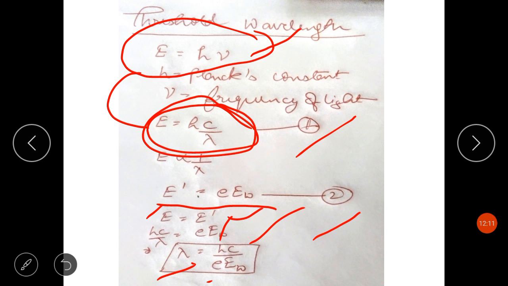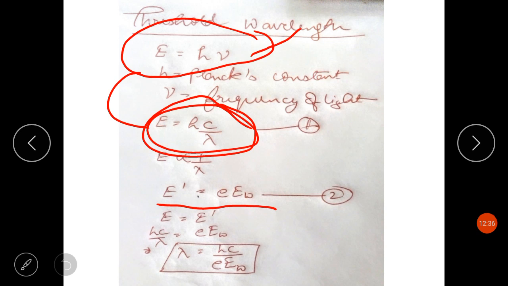Replacing the constants with their values: h is 6.634 into 10 to the power minus 34, c is 3 into 10 to the power 8 meter per second, and E is 1.6 into 10 to the power minus 19 coulomb.